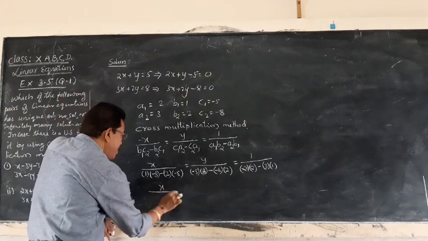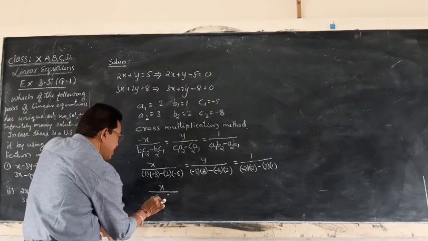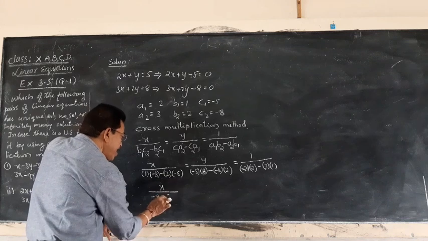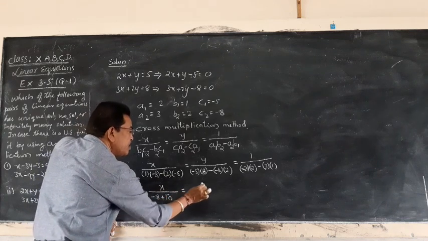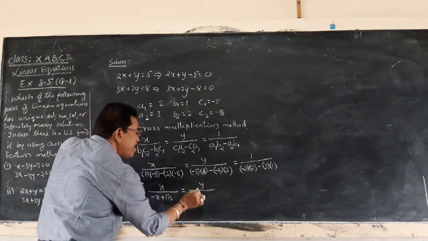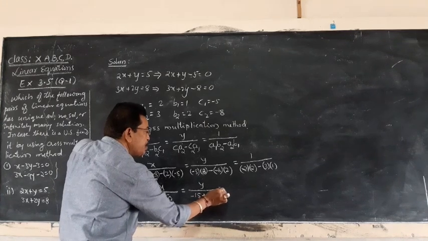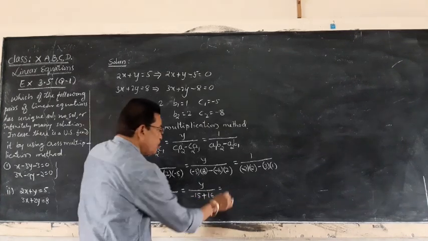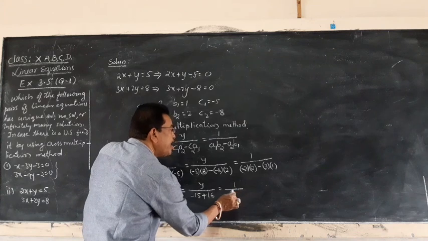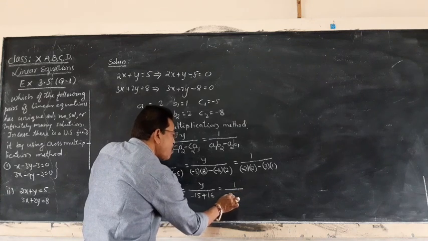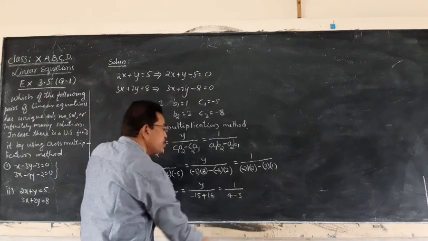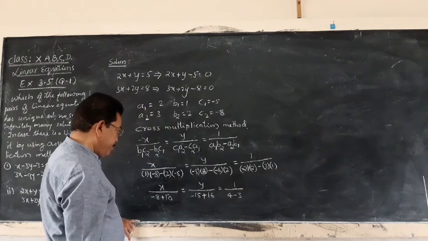x divided by minus 8, minus into minus plus, 5 twos are 10, equals y divided by minus 15, minus into minus plus, 8 twos are 16, equals 1 divided by 2 twos are 4, minus 3 ones are 3.